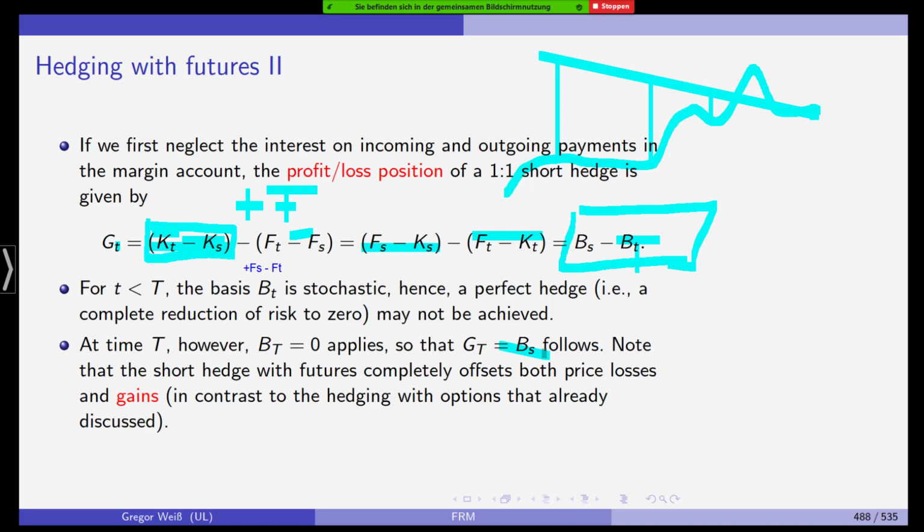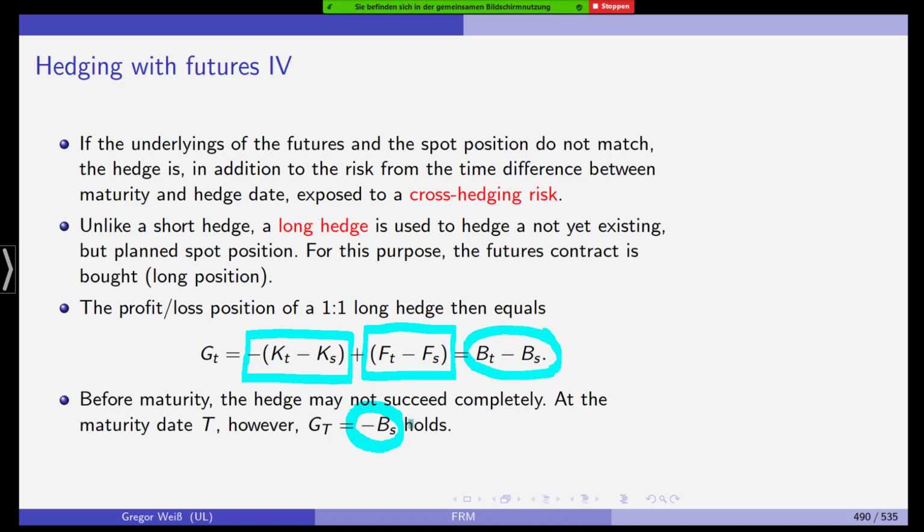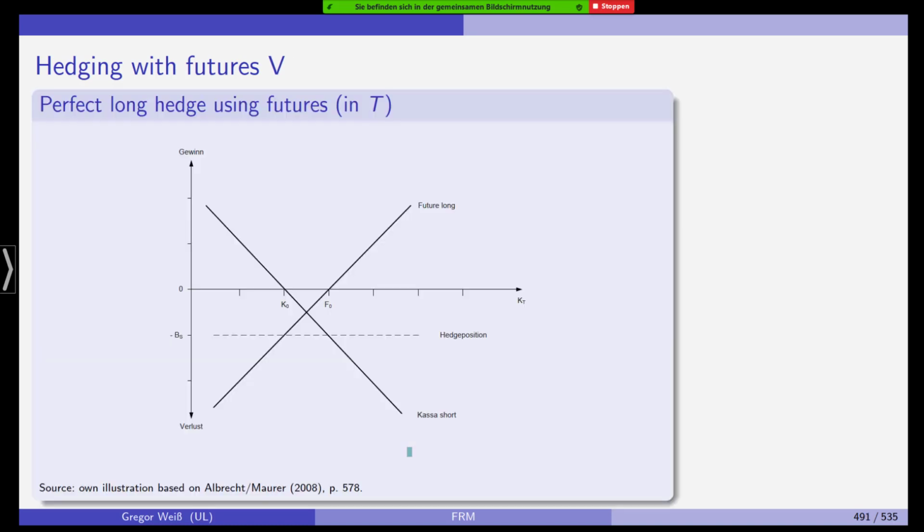It seems as if you can earn a free lunch, as if you can either earn BS or minus BS, depending on whether it's positive or negative. Problem is, this risk-free profit, which it seems to be, will be eaten up by transaction costs. So in reality, you will probably earn less because you still have transaction costs.